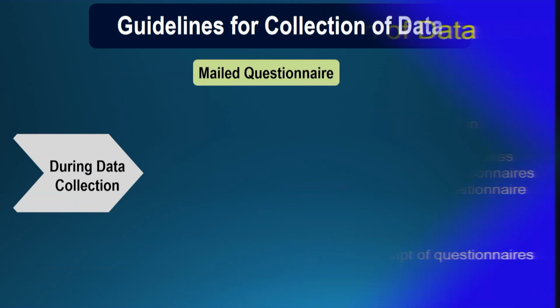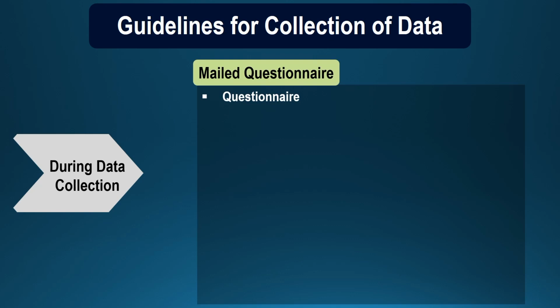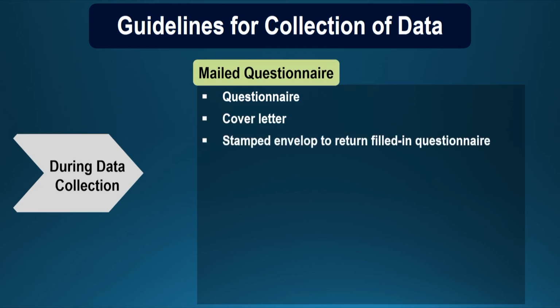If the questionnaire is mailed to the respondent, then the researcher needs to provide a copy of the questionnaire along with the cover letter and a stamped envelope to return the filled-in questionnaire.